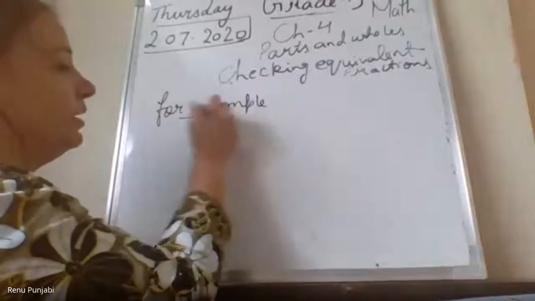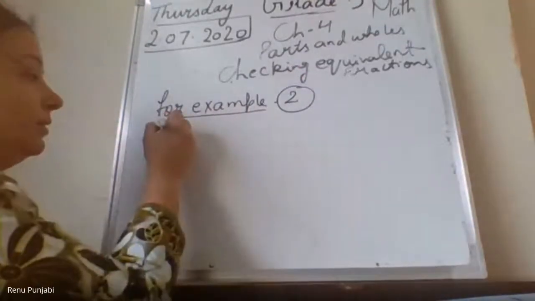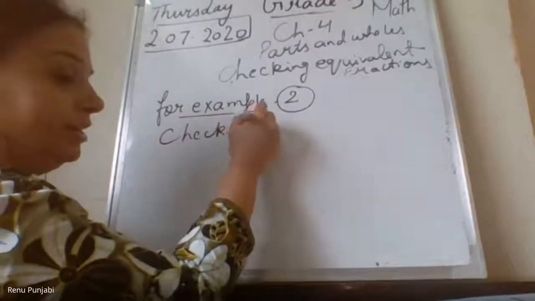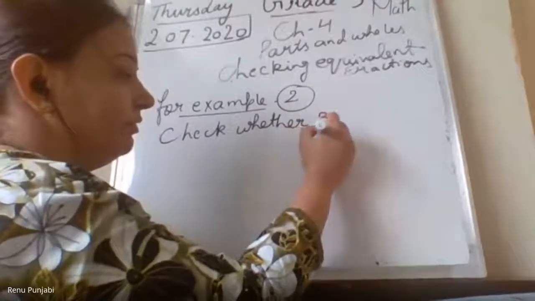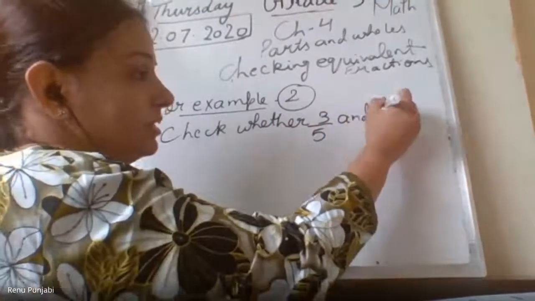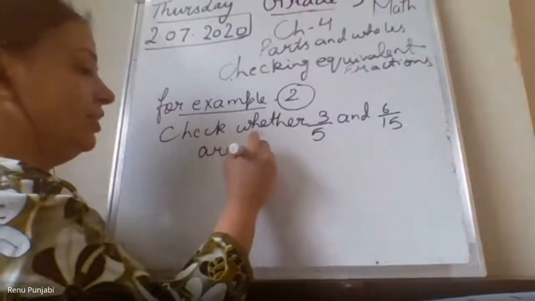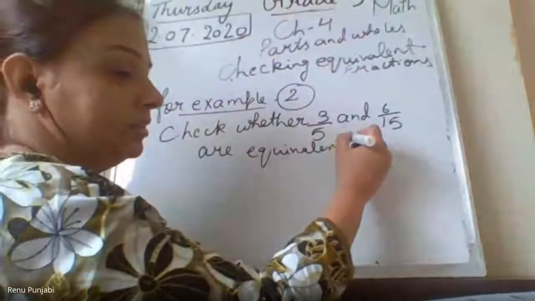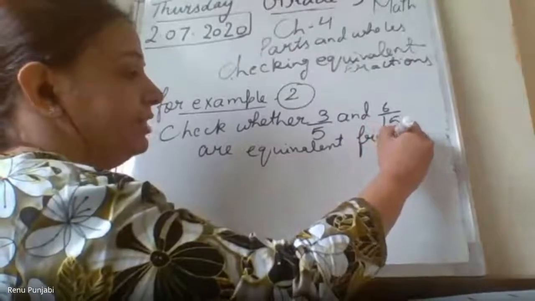This is example number 2. Now check whether 3 upon 5 and 6 upon 15 are equivalent fractions. So we have to check with the same method.